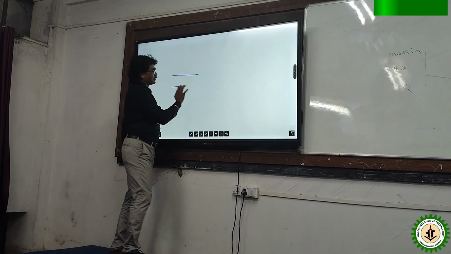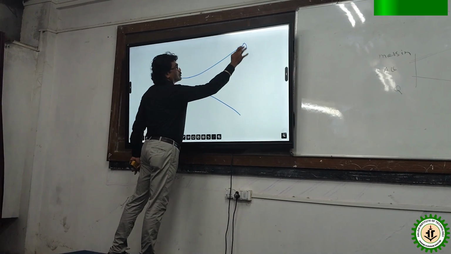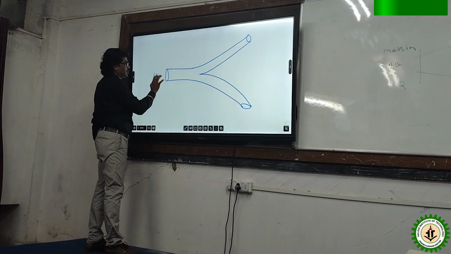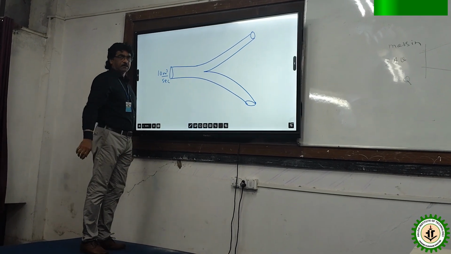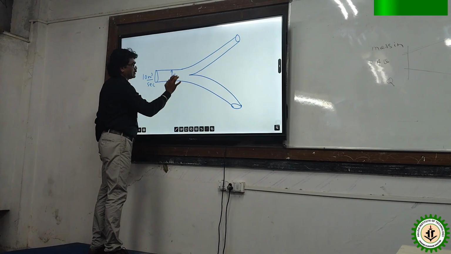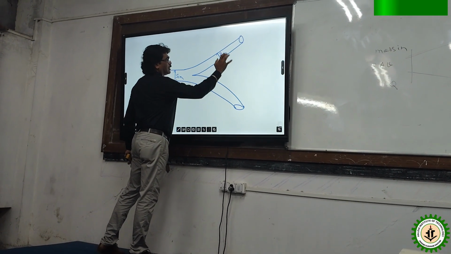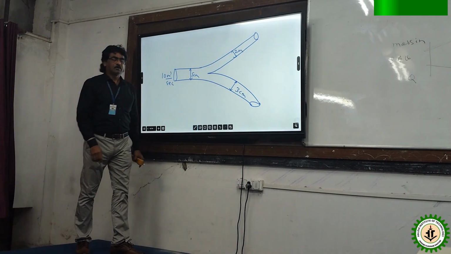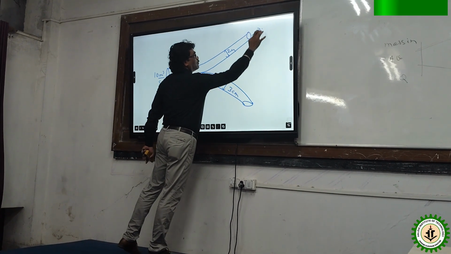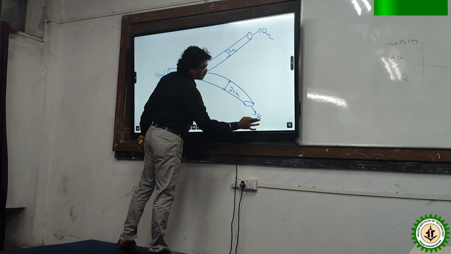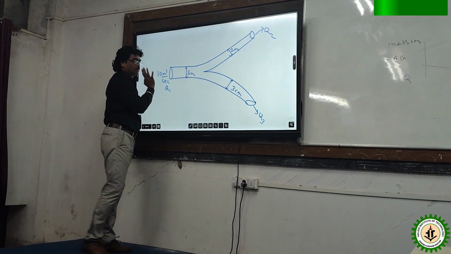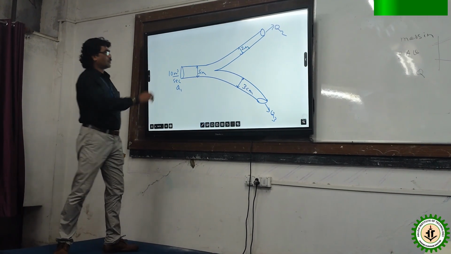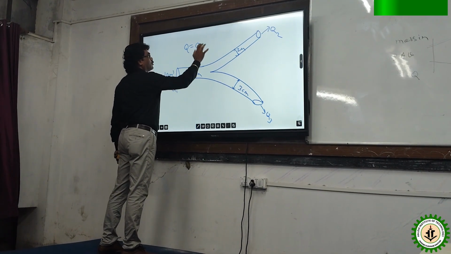Now, suppose 10 meter cube per second of flow is there, and this diameter is 5 centimeter, this diameter is 2 centimeter, and this one is 3 centimeter. Find out the flow rate of this one and this one. If this is Q1, the first equation is Q1 is equal to Q2 plus Q3.